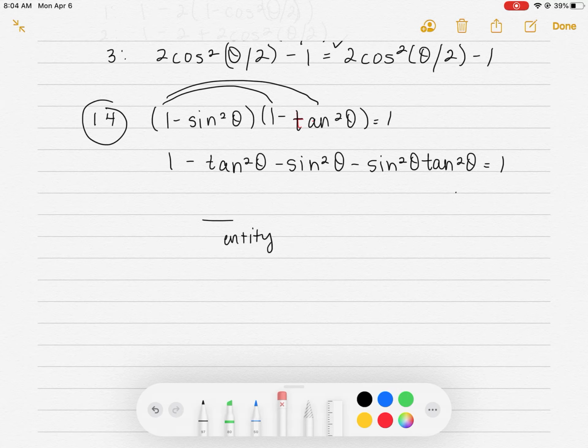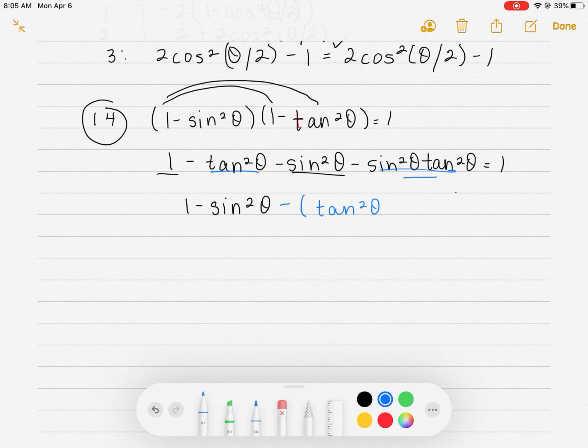So sometimes in trig identities, it's like a giant puzzle, okay? So what I'm going to do is I'm going to rewrite this as 1 minus sine squared of theta. So I'm going to pair these two terms together. And then I'm going to pair these two terms together because they both have a tangent in them and I can factor that out. So I'm going to rewrite that as negative tangent squared of theta plus sine squared tangent squared of theta.